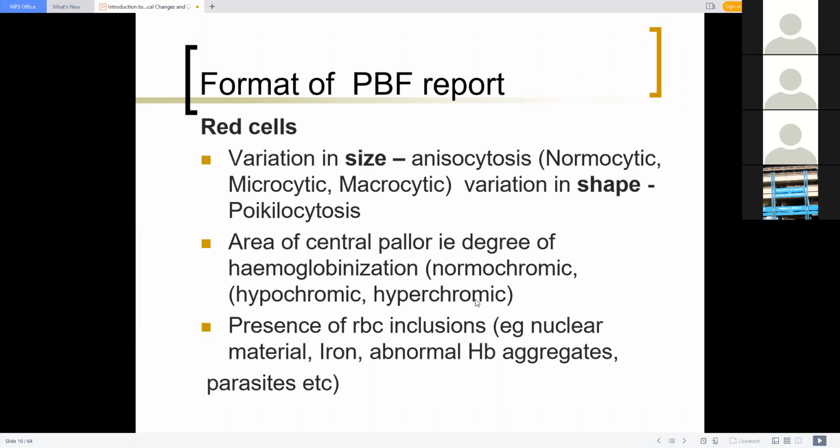And usually the term hyperchromic refers to a certain cell which is called a spherocyte, where you're not able to see the area of central pallor. We say that the cell is hyperchromic. And you remember from your red cell indices, the parameter that measures the red cell hemoglobinization is the mean cell hemoglobin, the MCH.